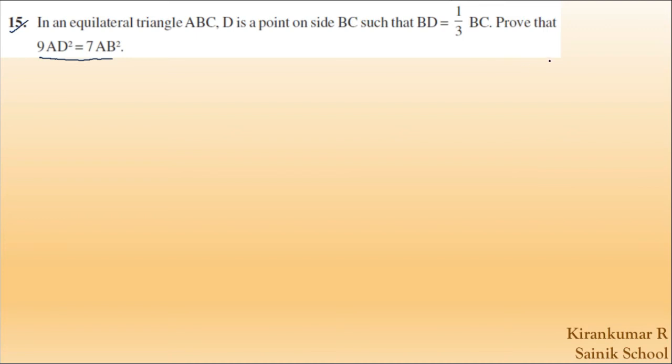We have to consider an equilateral triangle. Let me draw a rough figure. Suppose if this is an equilateral triangle ABC, D is a point on BC such that BD is 1/3 of BC.